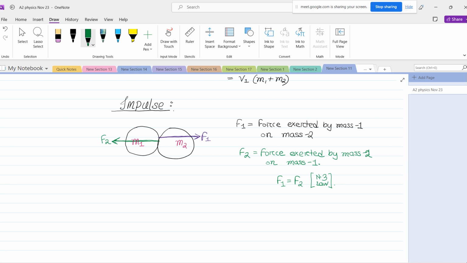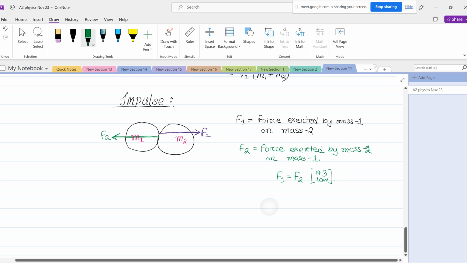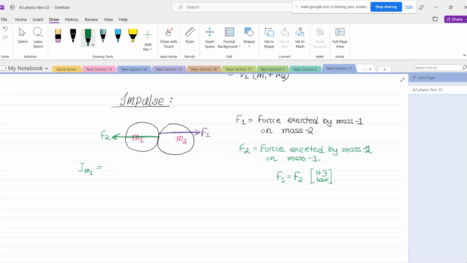For example, if you are to calculate the impulse for each particle, the impulse is in respect of each particle. You have to calculate impulse for M1 or you have to calculate impulse for M2. So if you are to calculate impulse for M1, the formula is force into time.